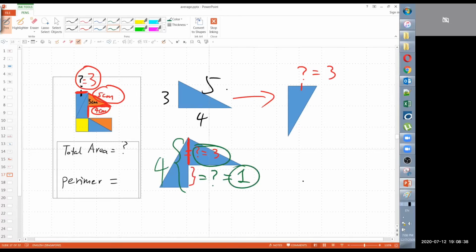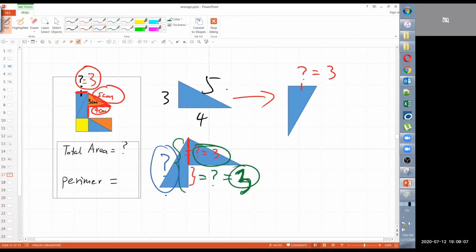How can it be 3? Okay, let's say this is 3. If this is 3, can you tell me what this one is now? If you are telling me this is 3, this is also 3, what is the blue question mark? That's 4.